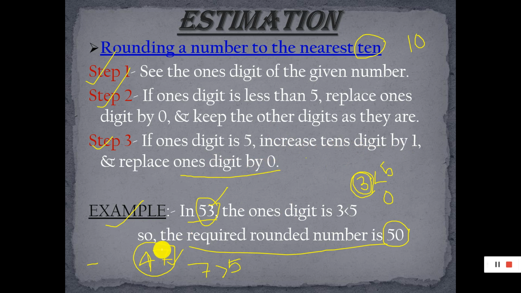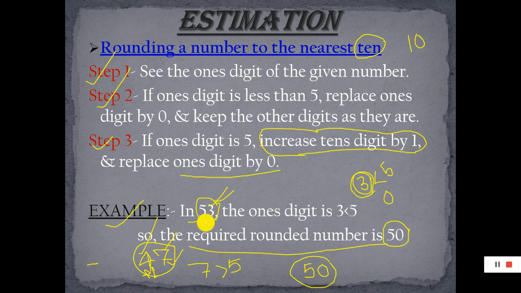In this number, this is the ones digit and this is the tens digit. Increase the tens digit by 1, increase means plus 1. 4 plus 1 is equal to 5, and replace the ones digit by 0, the ones digit is 7, so you write 0. This is the nearest 10.